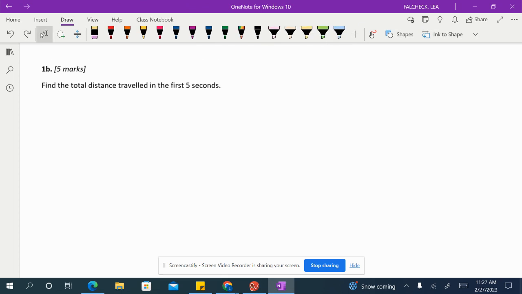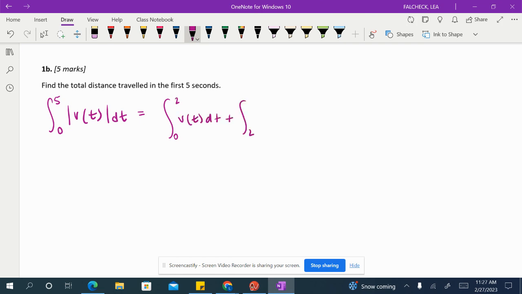So we are going to try to find the total distance traveled, which would be the integral with respect to time of the velocity function between 0 and 5. However, we're not doing absolute value by hand. We're just splitting it up at the intercepts and adding them together. And then, of course, regions located below the x-axis will be subtracted to account for the fact that they are currently negative areas and we need them to be positive.